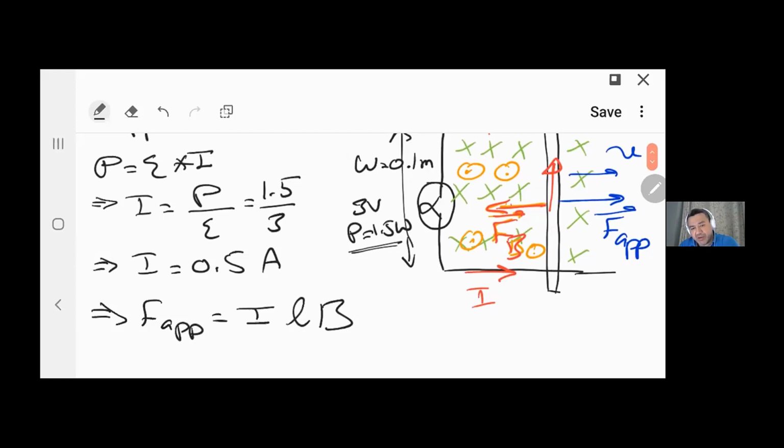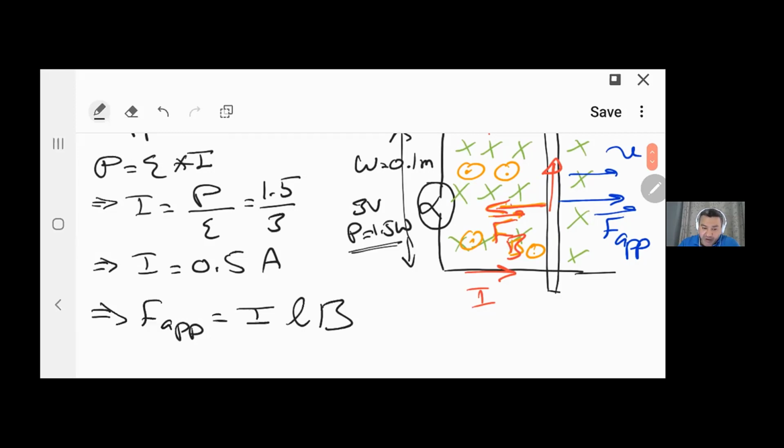Why? Because it's perpendicular and the angle here is sine 90 degrees equals 1. So F_app, again, this is magnitude because F_app is equal in magnitude, opposite in direction.